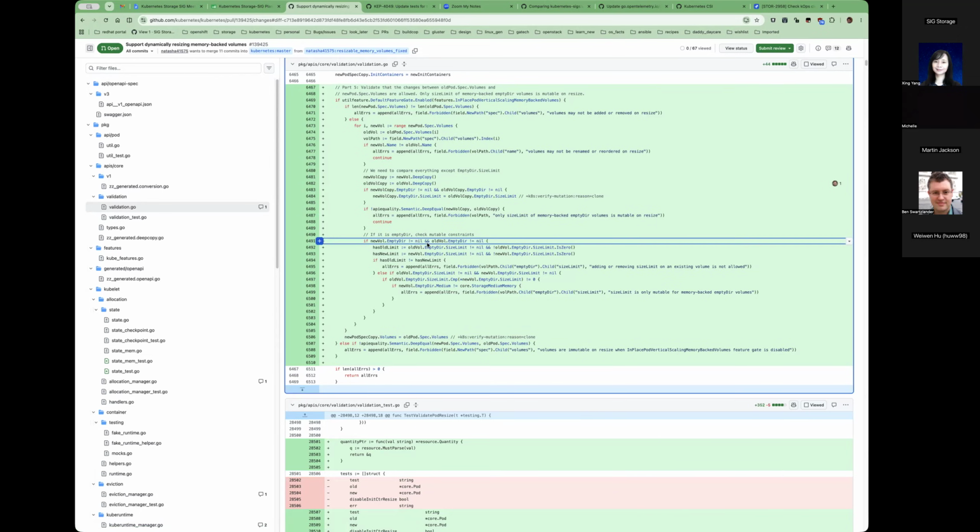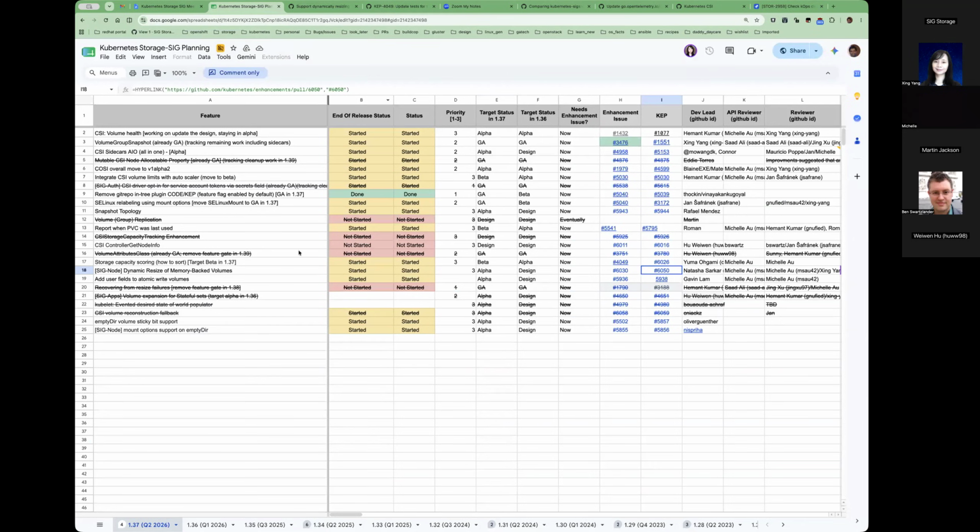Okay, let's keep looking at it. The next one is add user field to atomic write volumes. I think this is something Jan was reviewing.